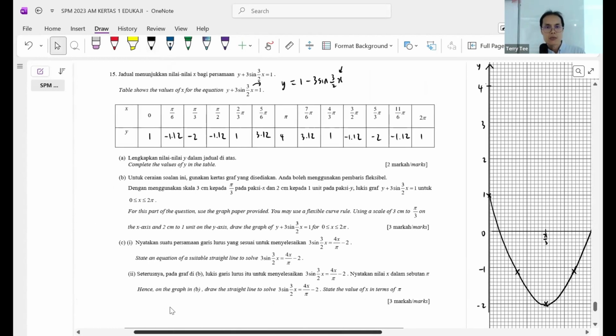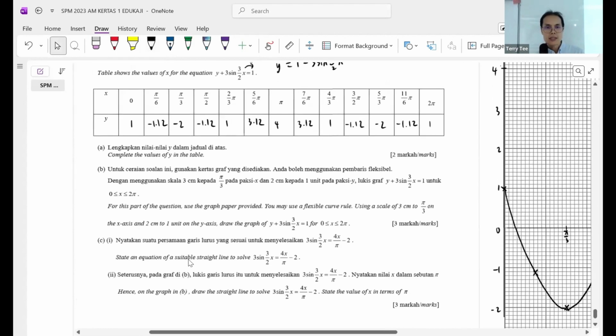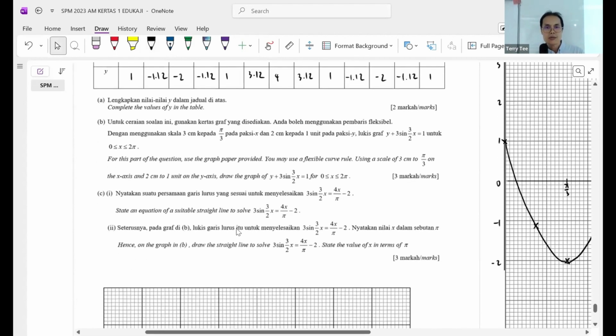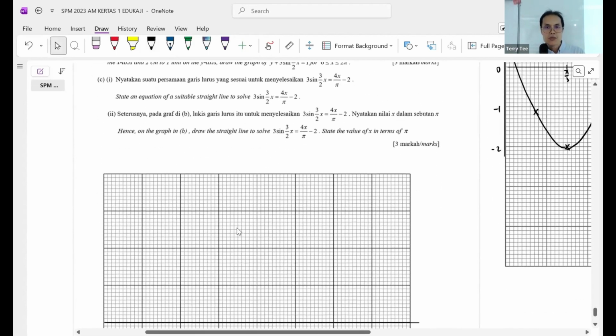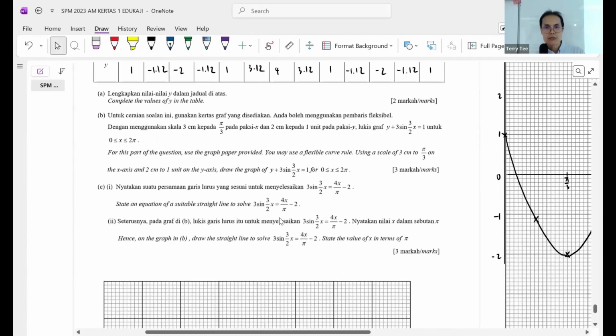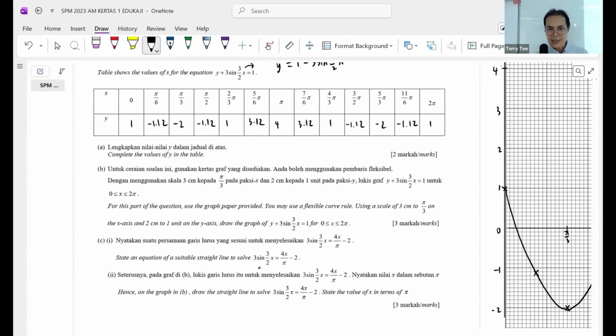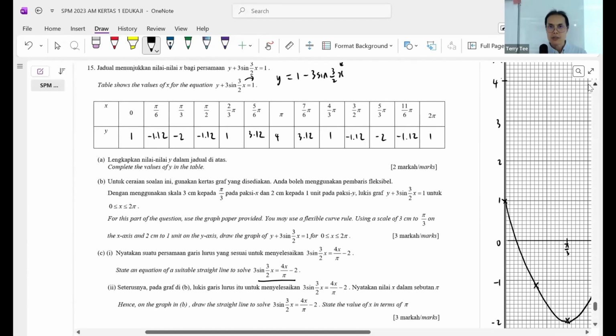Now, next, they say, state the suitable equation of the straight line to solve this. To solve this equation, you need to rearrange this equation such that one side equals the original graph, which is this one, the y equals to, let me write here, this one. The other side must equal a new graph. Because I don't have space, first, I need to get a negative 3.